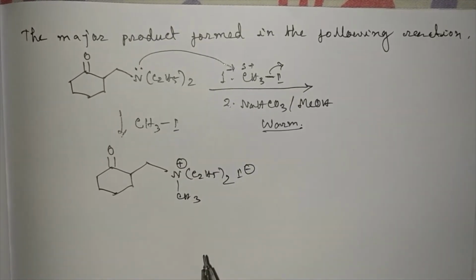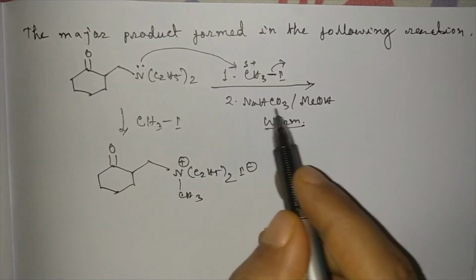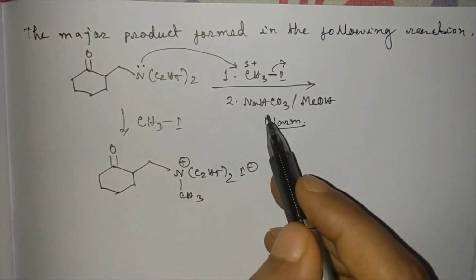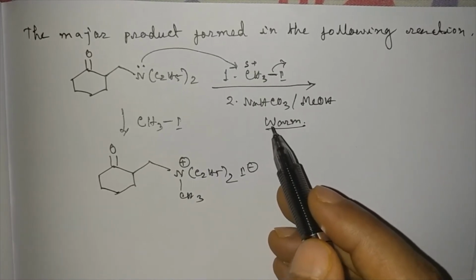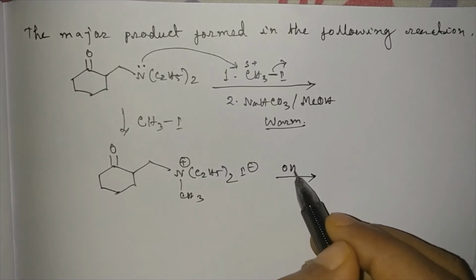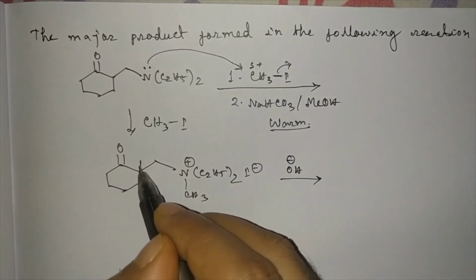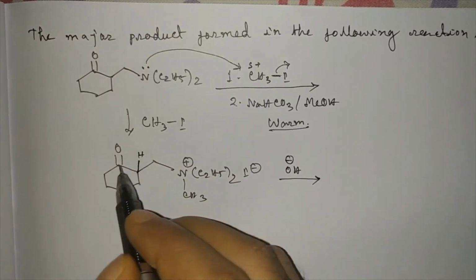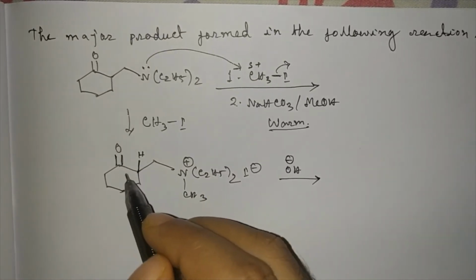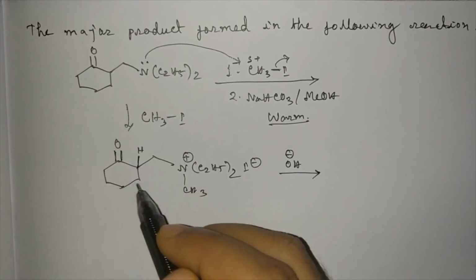Now this quaternary ammonium salt is treated with a base, that is sodium bicarbonate in MeOH, which is a basic solution. Then what will happen? OH minus will take this acidic proton. Why is it acidic? Because one carbonyl group is there, which is a strong electron withdrawing group.